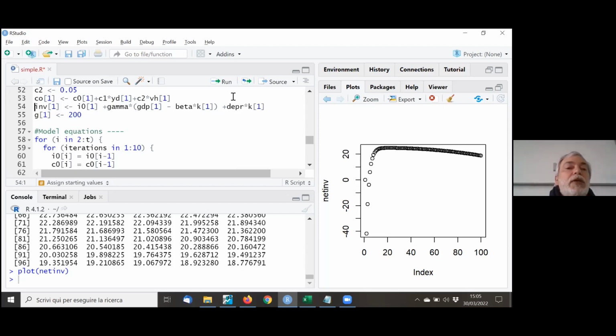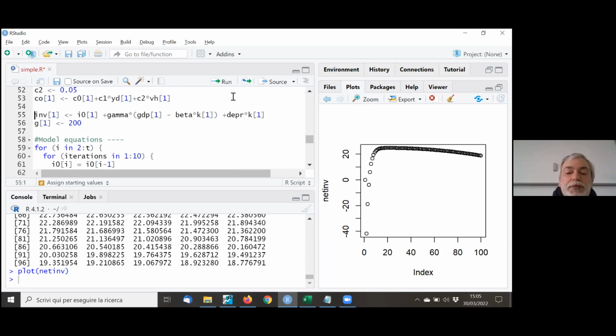But we could do something different. So we know that investment should converge to 0. So I could also try what happens with this.